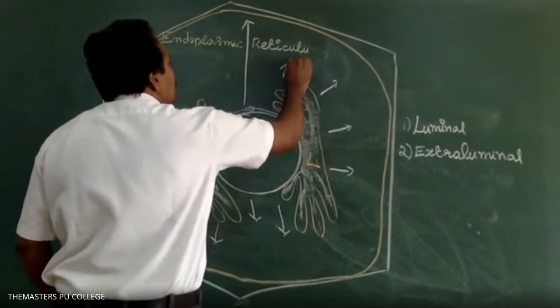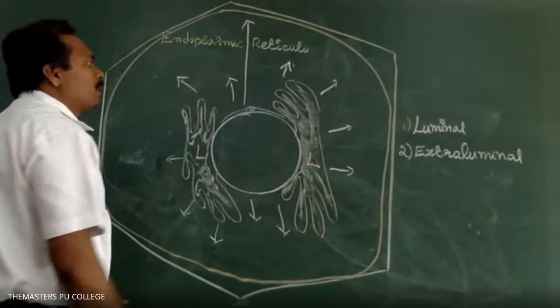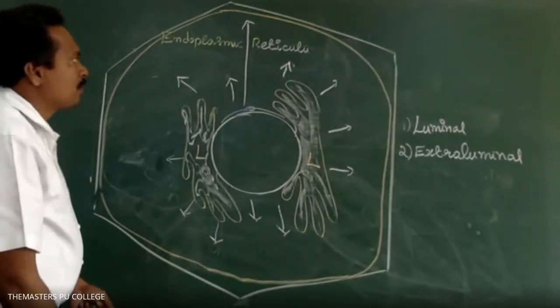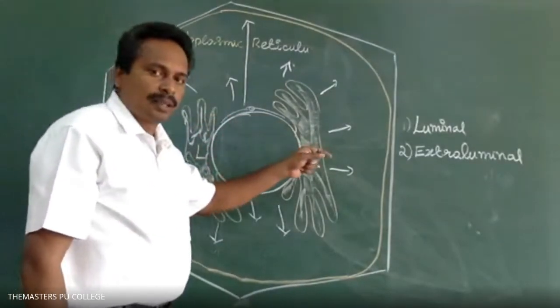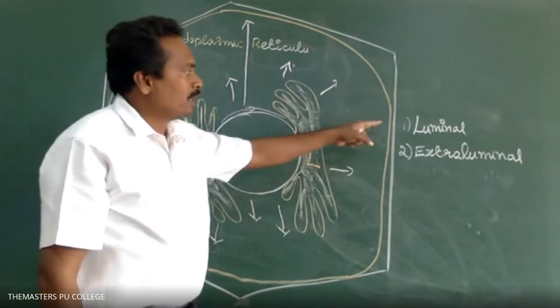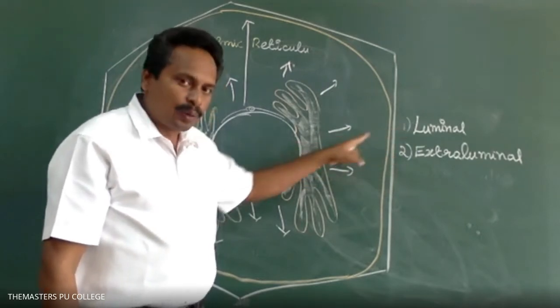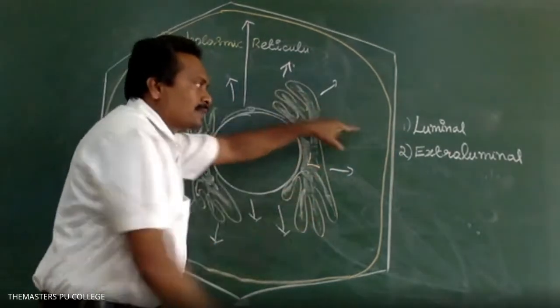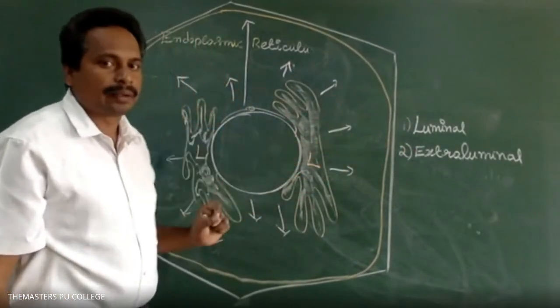Which cell organelle differentiates the cytoplasm into two compartments? Endoplasmic reticulum. So the endoplasmic reticulum differentiates the cytoplasm into two compartments, one luminal and the second extraluminal. Luminal means inside the endoplasmic reticulum, extraluminal means outside the endoplasmic reticulum.